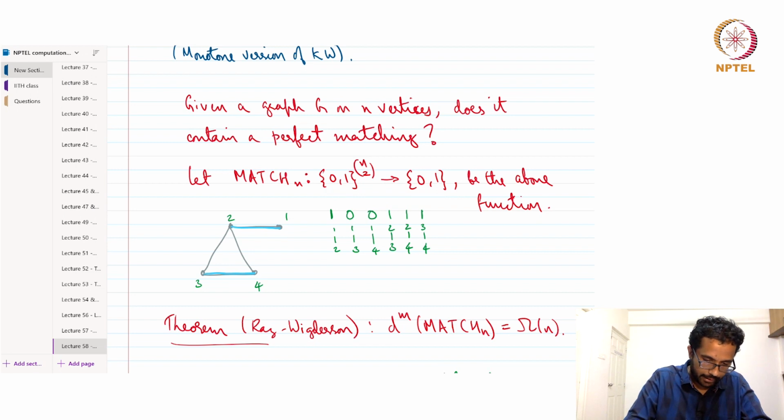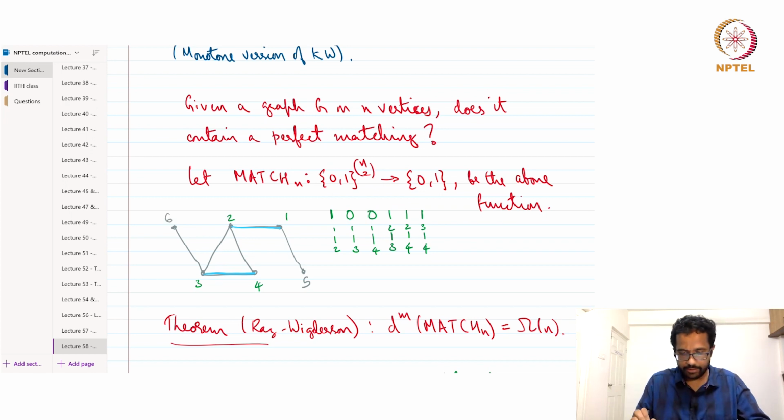But let's say I had a couple more edges, with vertices 5 and 6. Now does this graph have a perfect matching? Even this does, because you could consider something like this.